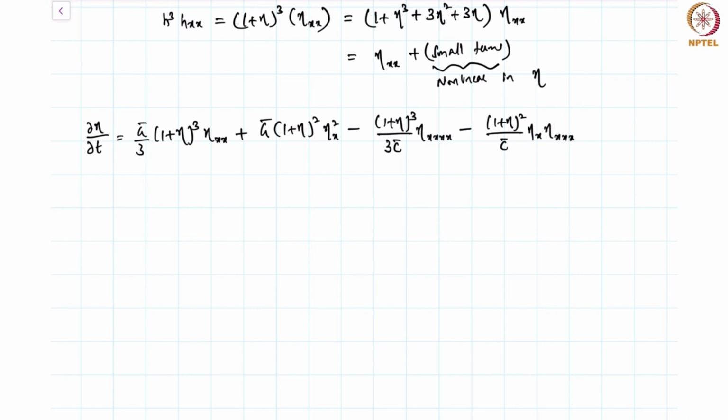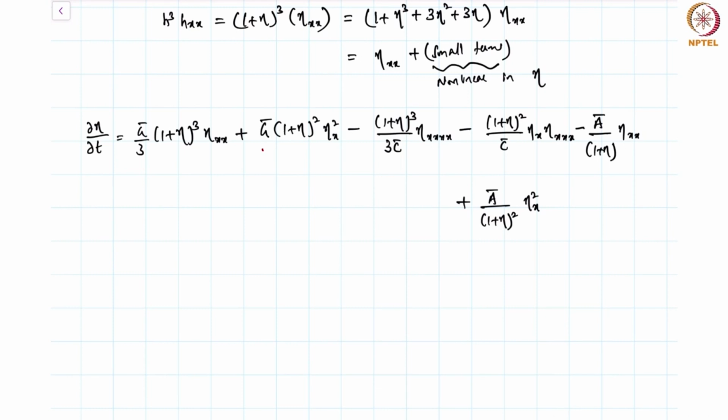That's the other term. Then we have the first van der Waals term, and finally we have the last van der Waals term, which is 1 plus eta whole square into eta x square. Now I'll underline several terms which are very small in eta.